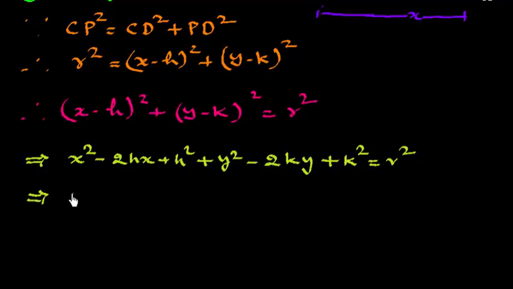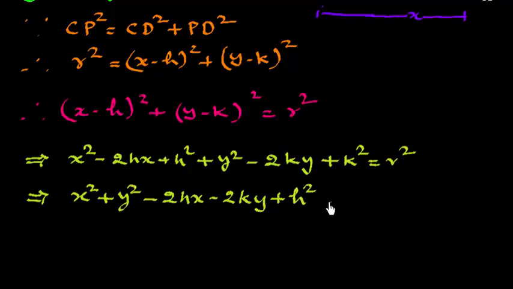Implies that I write it in this way: x square plus y square minus 2hx minus 2ky plus h square plus k square, and R square I am transferring to the left side, so it gets minus R square, and this equation is equal to 0.